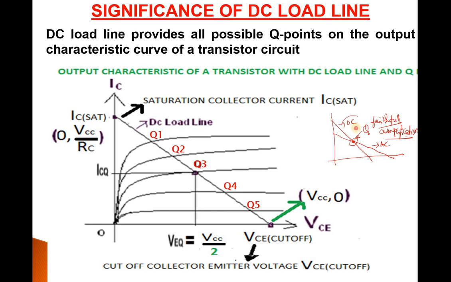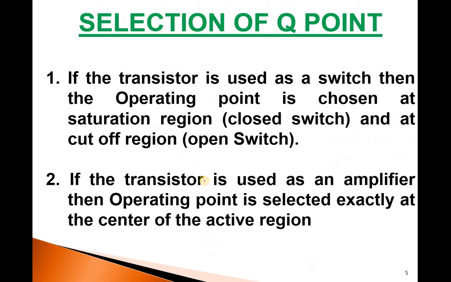So the intersection of DC load line and AC load line gives me the perfect Q point. But at PU level, we just stick to the intersection of DC load line and output characteristics, which gives different possible Q points. This is about two source method and Q point.